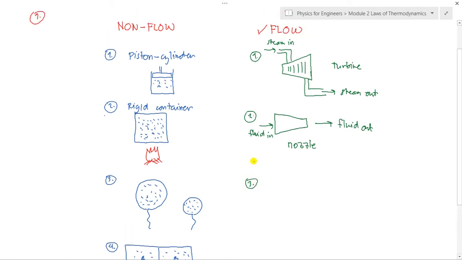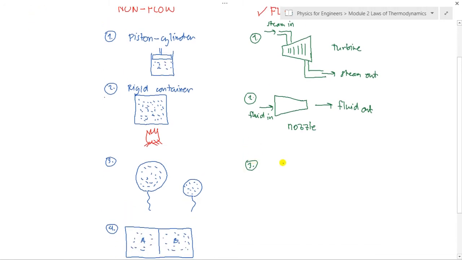What else? We also have the compressor. So we have an input, which is a working substance. Let's say this is refrigerant in a refrigeration system: input refrigerant and output refrigerant.